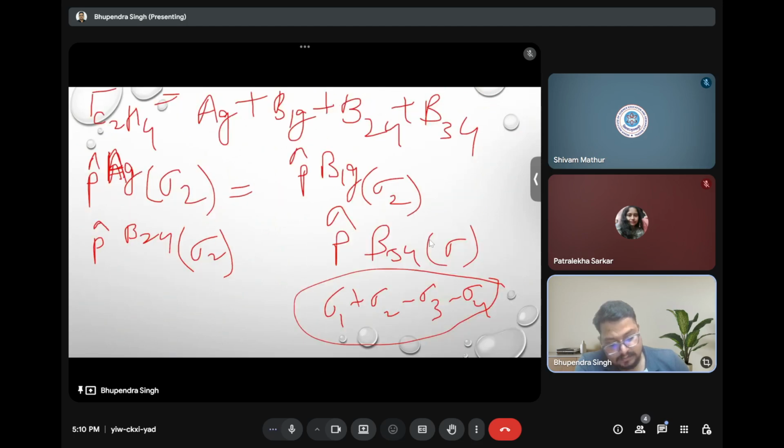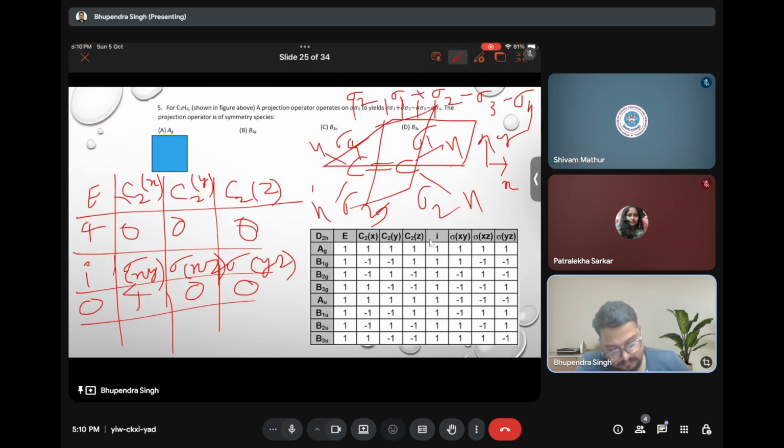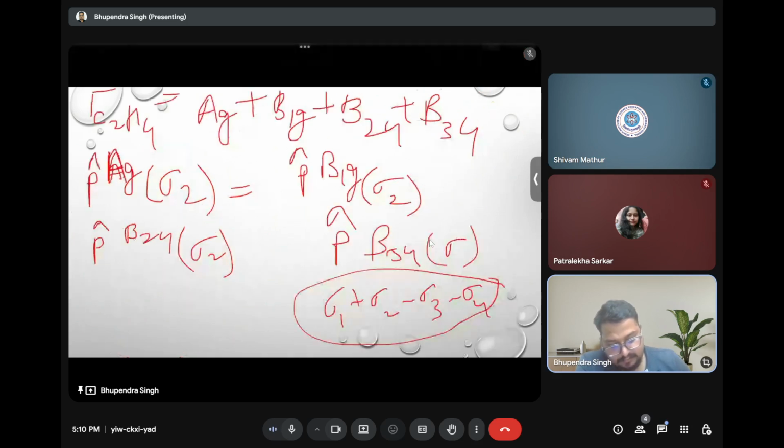No, this is okay. We have already found this representation. This is the reducible one. So now it's time to just solve.